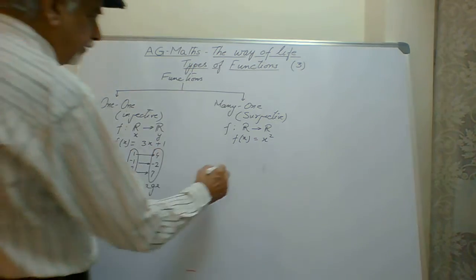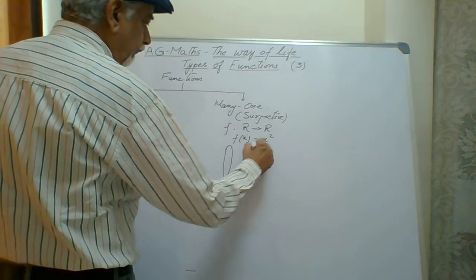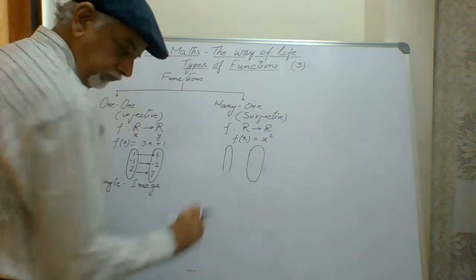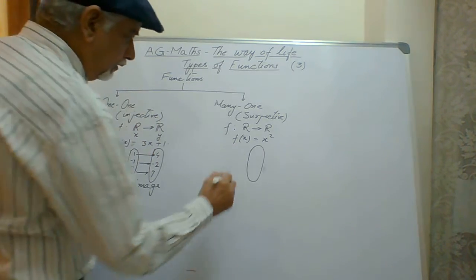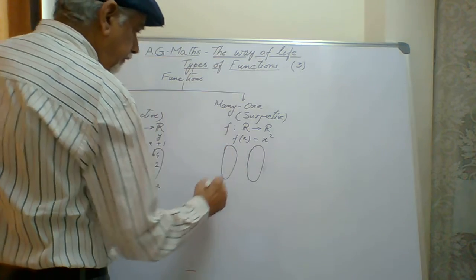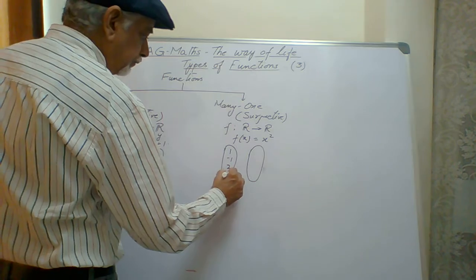Then again we will have two sets here. Let me draw it properly. Let one set be here, with plus 1, minus 1, plus 2, minus 2.